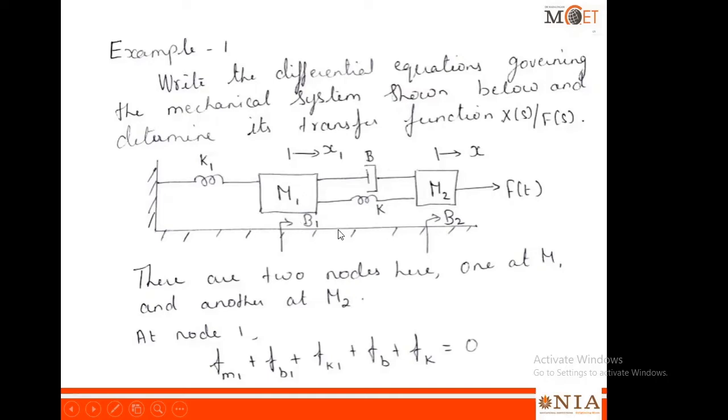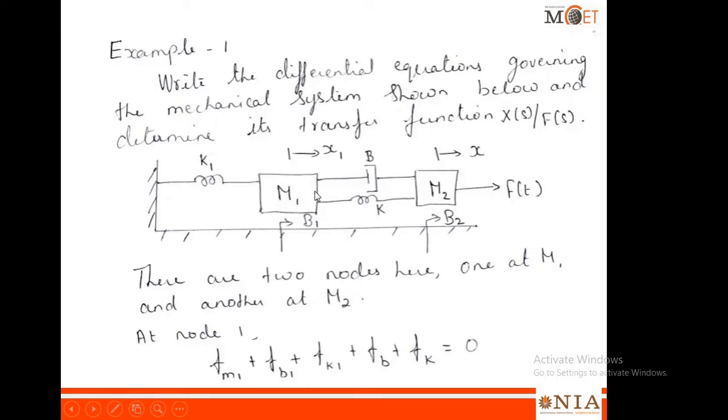This slashed line is ground. The frictional component between this mass and the ground is given by B1, and the frictional component between mass 2 and the ground is given by B2. There is an elasticity component K1 connected between ground and mass 1, and there is K connected between M1 and M2, also B connected between M1 and M2.